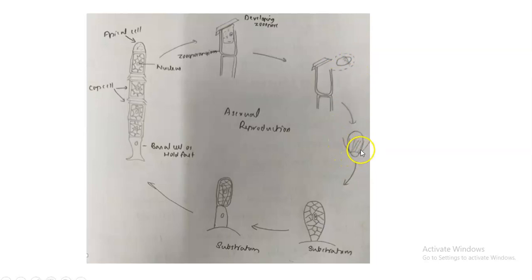into the water medium. This particular zoospore has two portions. It is a pear-shaped structure, and it has an anterior tip which is hyaline, that is, clear and translucent in nature.